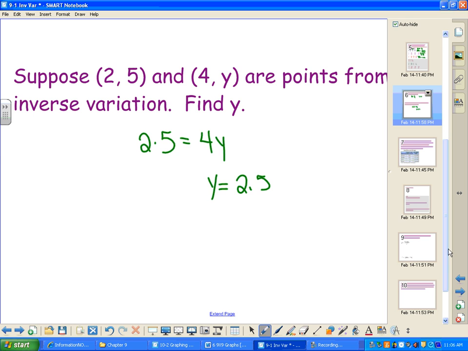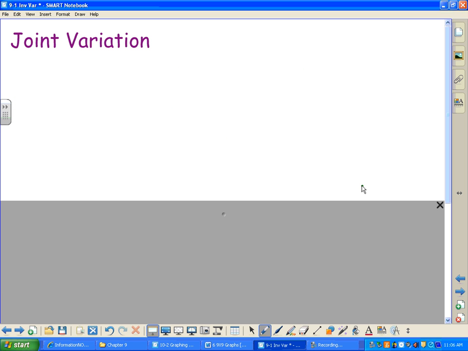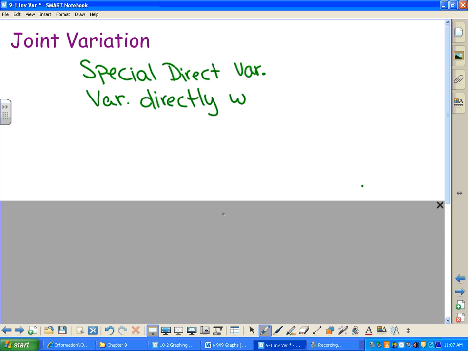I would like to look at this. Joint variation. All a joint variation is, it's really just a special kind of direct variation, where you are varying directly with a product.